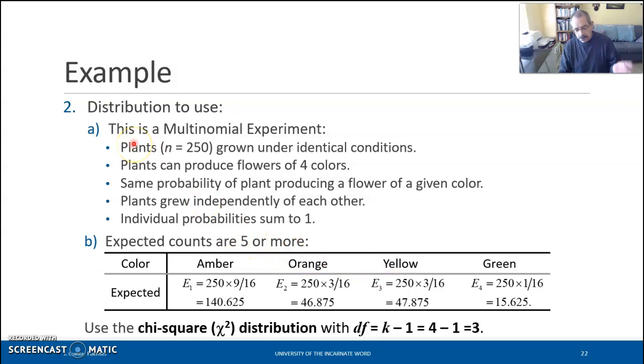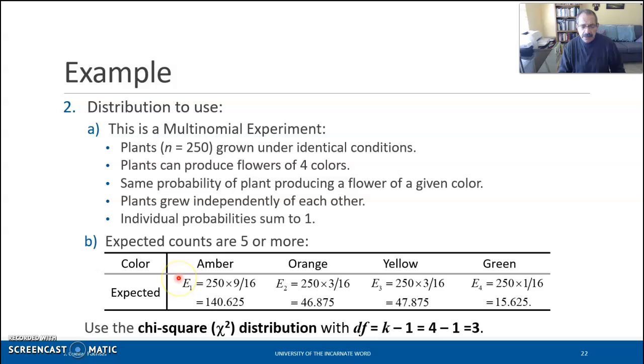Well, you see first that this is in fact a multinomial experiment, as we discussed it before. And then see, we have 4 outcomes, and then we have the individual probabilities add to 1. Then the second condition is that all expected counts should be at least 5.